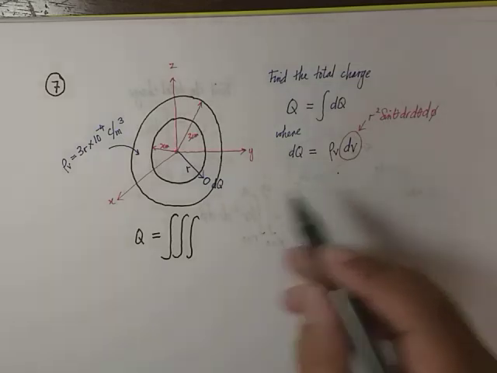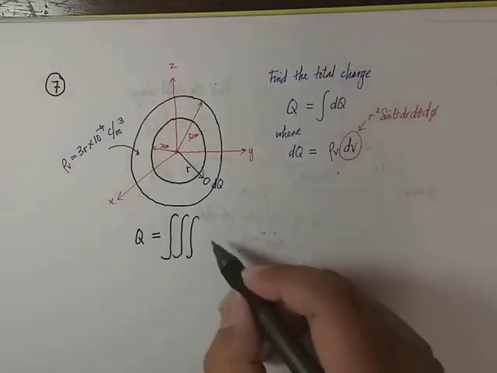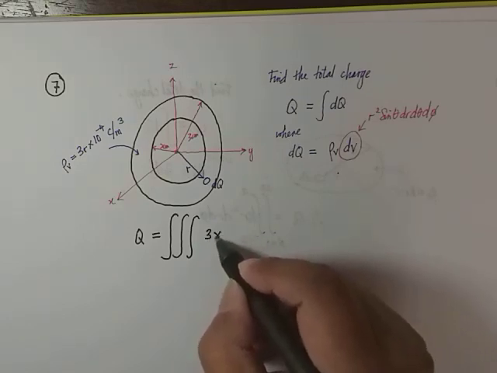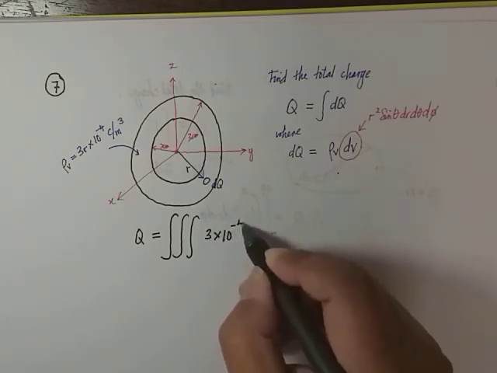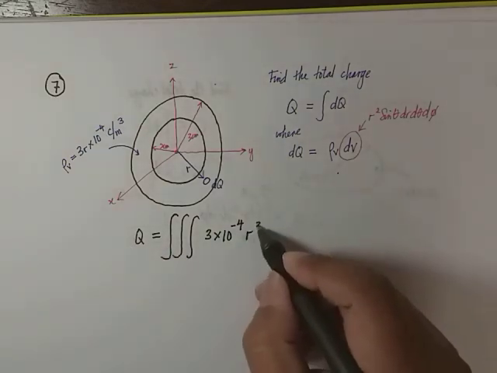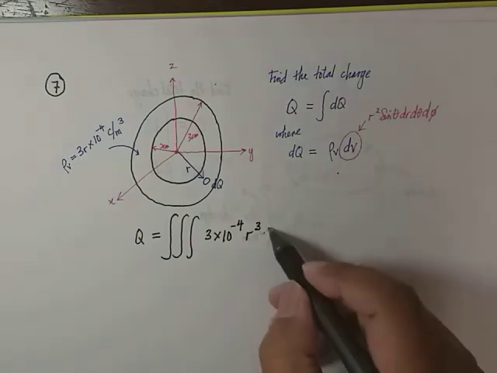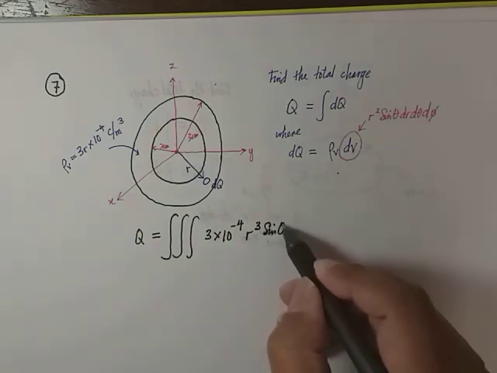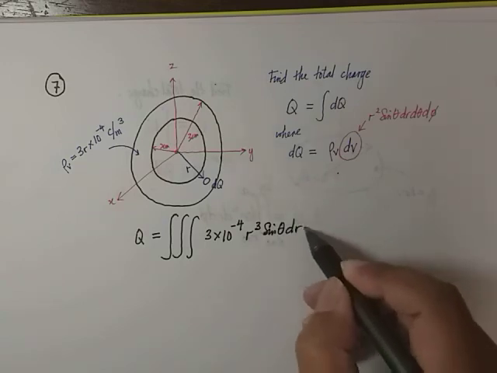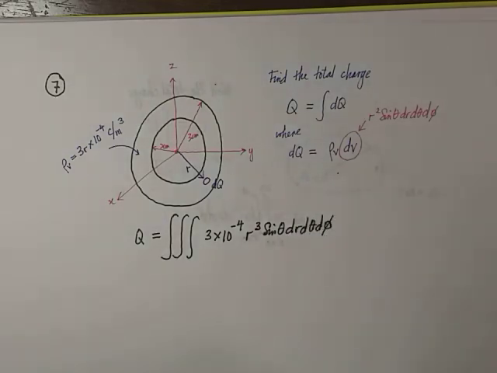Q equals 3 times 10 to the power of negative 4, then r multiplied with r square becomes r cubed, sine theta, dr d theta d phi.